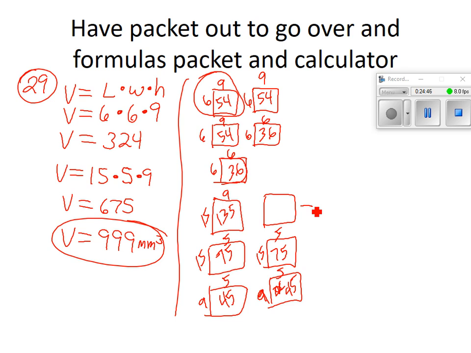So we subtract off 54. So we do 135 minus 54, and what's that give us? 81. So we got that one shape there, that top, that looks like this, but this part's covered.